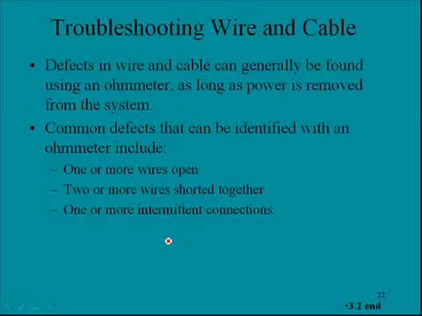Okay, if you have a given wire, you can use your ohmmeter and connect to the ends, and you should read 0 ohms. If you're reading infinite ohms, then it means that there's an open in this particular wire.